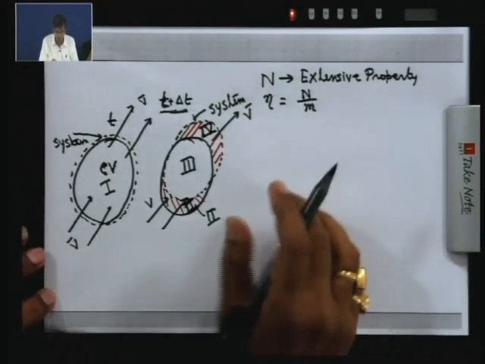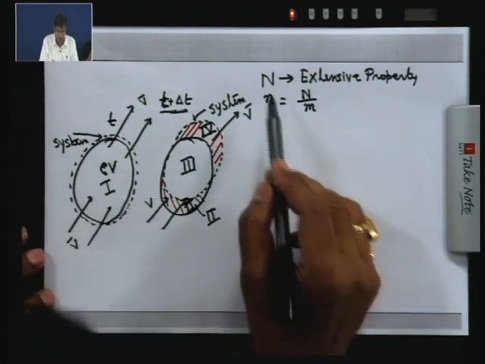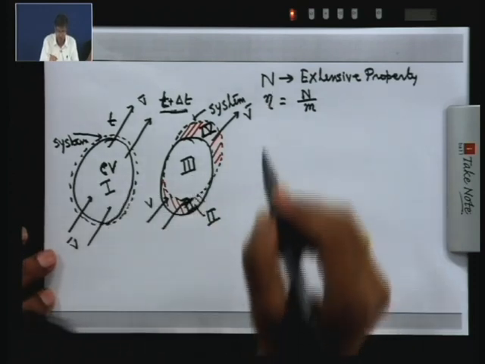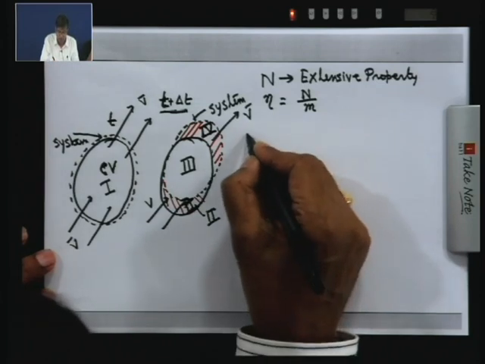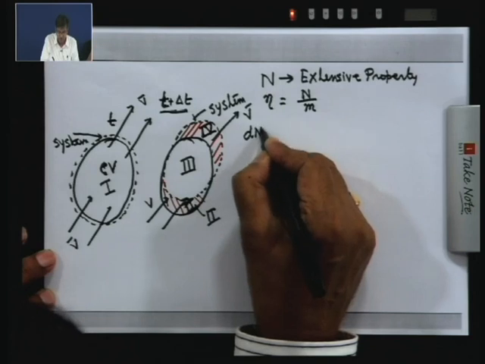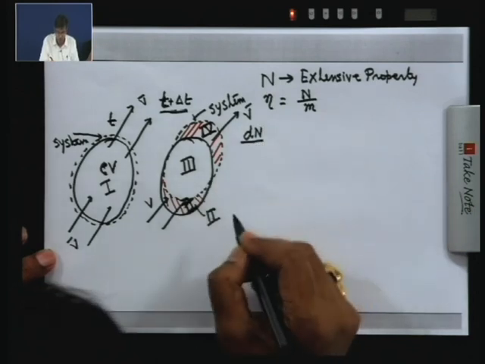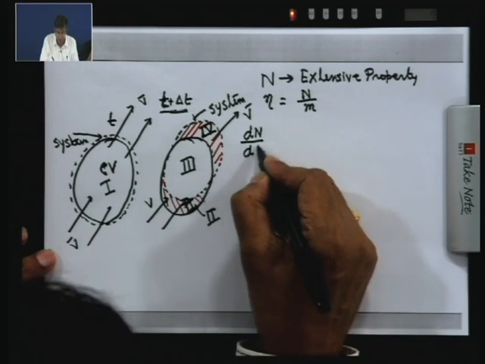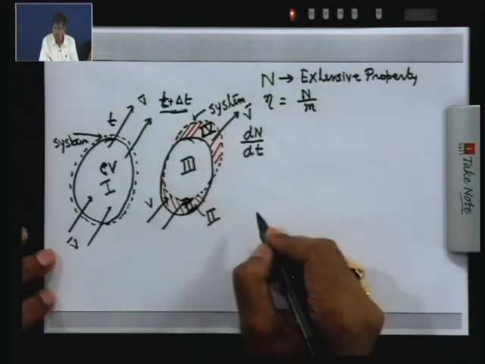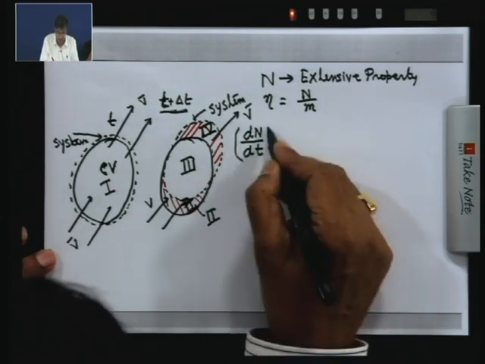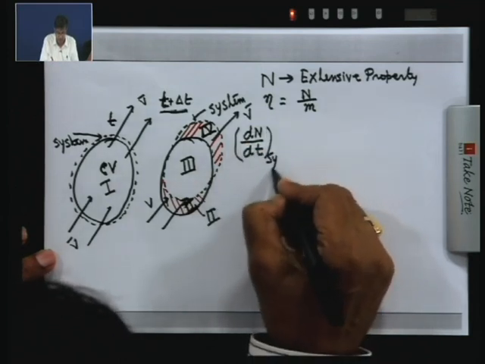Now we want to relate the conservation of this N with respect to the system to that with respect to the control volume. How to do it? Let us now write the rate of change of the property, dN/dt, in the system.